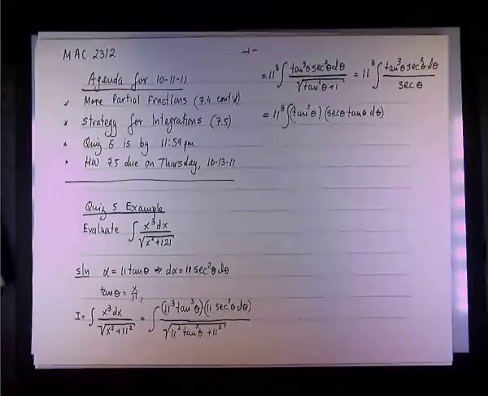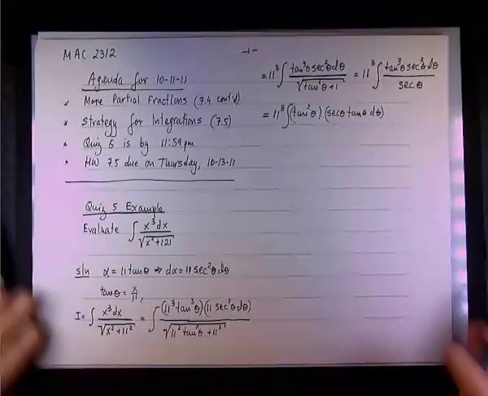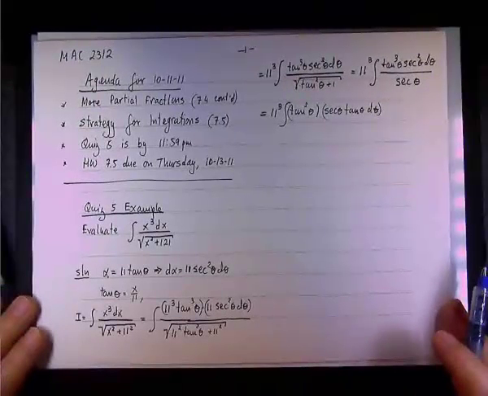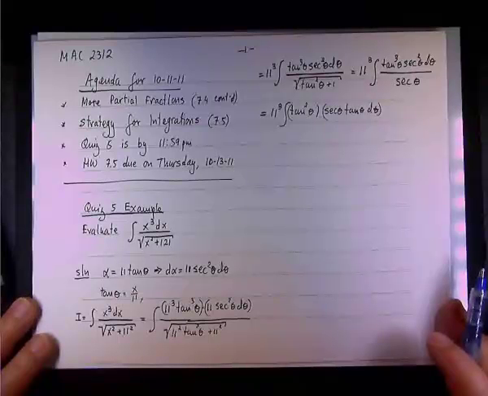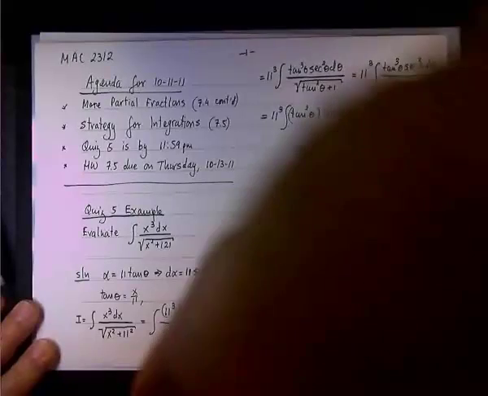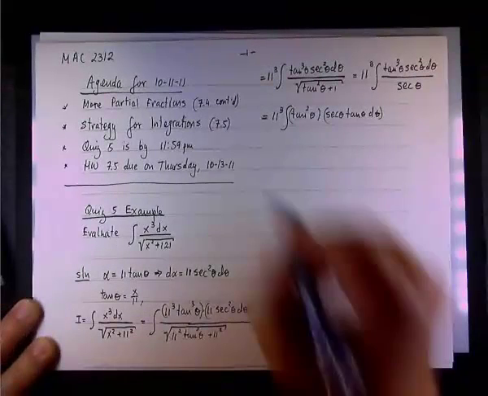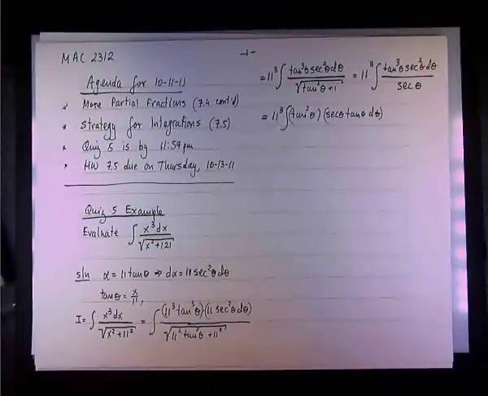We love to have secant times tangent d theta, or cosecant times cotangent d theta, or the secant squared d theta, or the cosecant squared d theta, because those are easy. Those are nice differentials, and we know what the antiderivative is in this case.